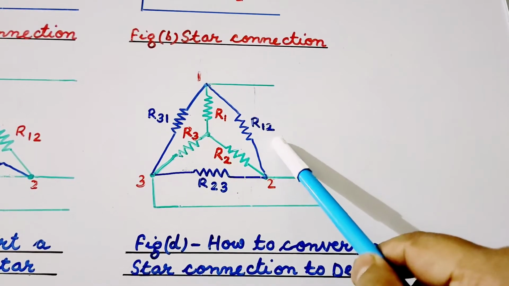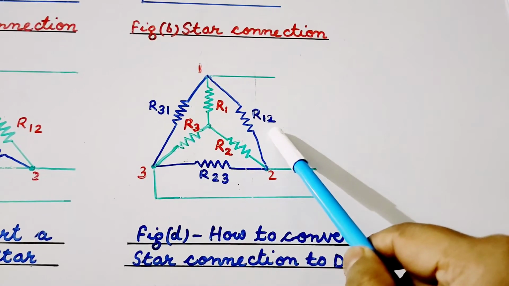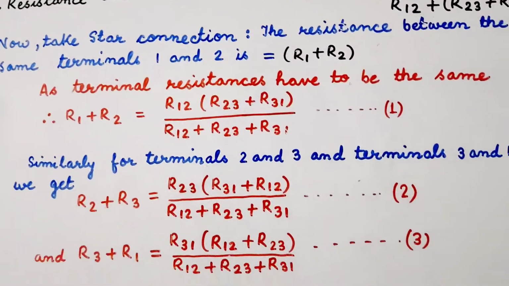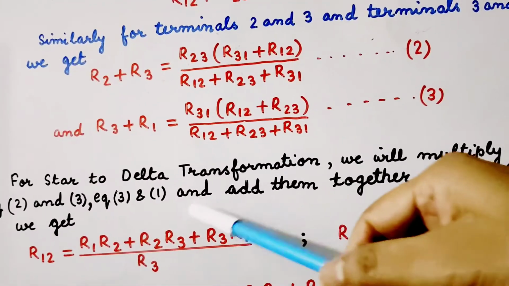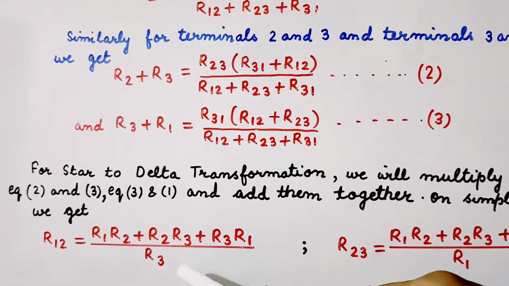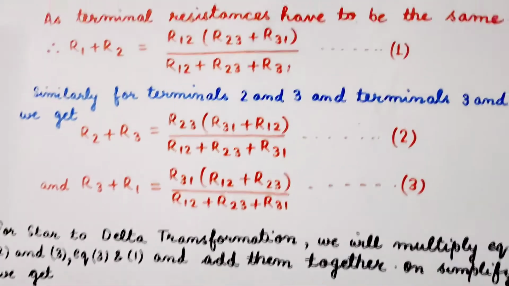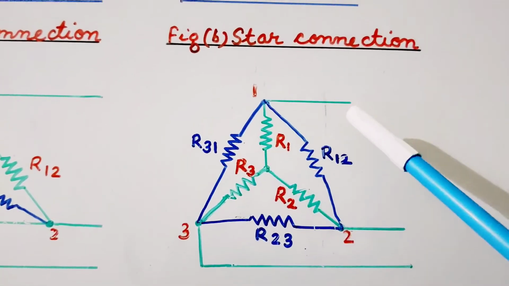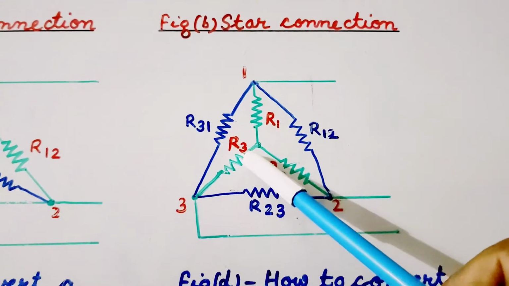So in the denominator, we will get divided by R3, as you can see from this equation. That is, the value of R12 is R1 R2 plus R2 R3 plus R3 R1 divided by R3. And from this equation, we find that R3 is the resistance which is just in front of R12.